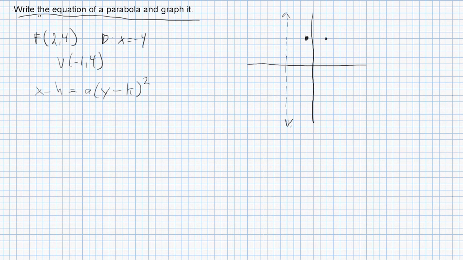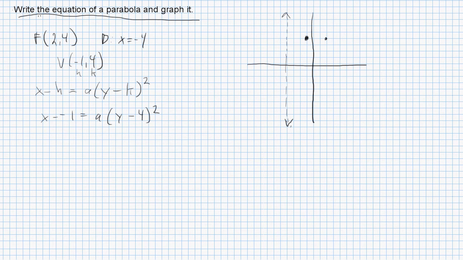Now, we can see that the vertex is -1, 4, so the h is -1 and the k is 4, so it's going to be x minus -1 is equal to a times the quantity y minus 4 squared. Now we just need to figure out what the a value is.